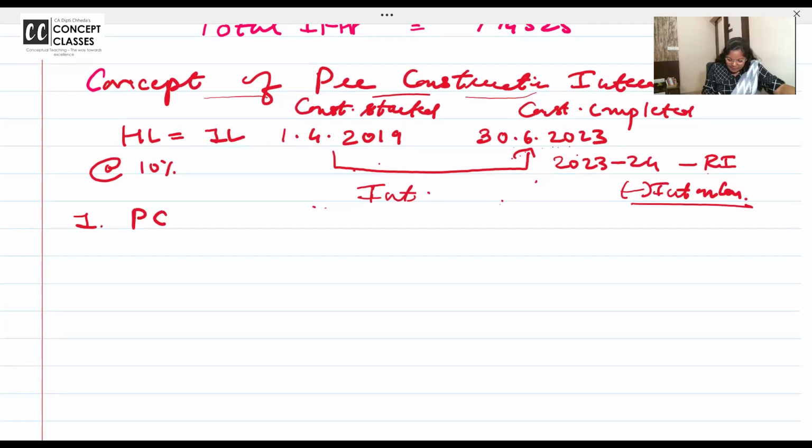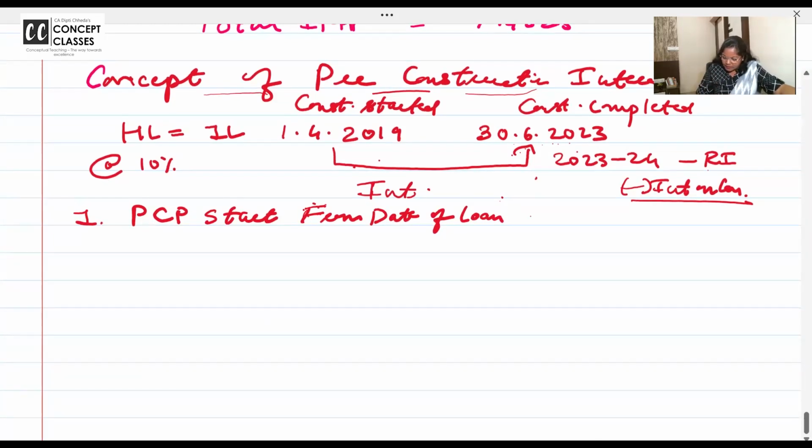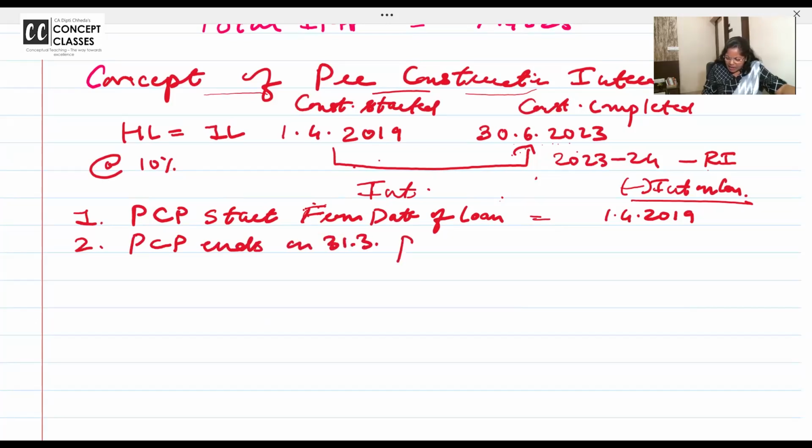First step is PCP, the pre-construction period. It starts from the date of loan. The date of loan was 1/4/2019. Second, the pre-construction period ends on 31st March prior to completion of construction.